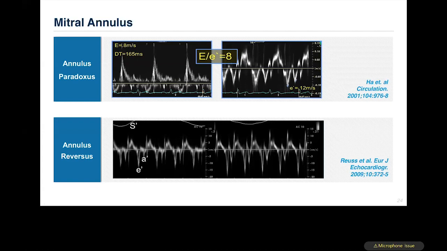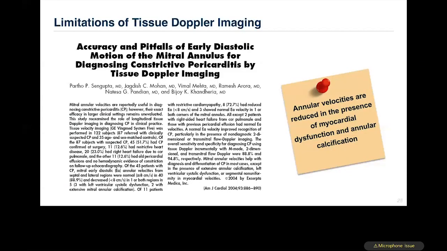So there is a reversal of the velocity peaks of the early diastolic filling, that's the E prime velocity, is attenuated in the lateral wall and exaggerated in the septal wall, which is converse or reverse of what happens in a normal individual. The lateral annular velocities are higher than the septal annular velocities in early diastole. So this feature was also described and is known as annulus reversus.